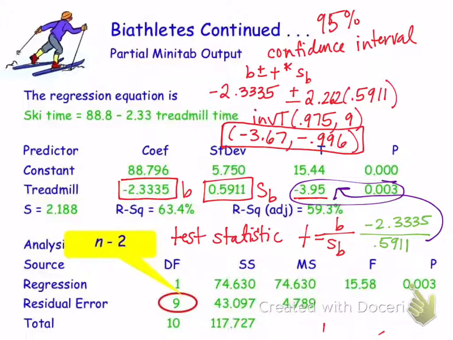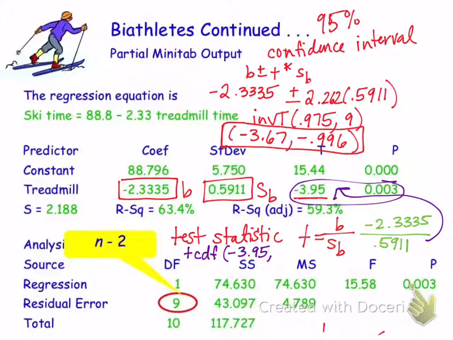So let's say that I got my test statistic now and they didn't give me these two numbers. How would I go from getting T equals negative 3.95 to getting a p-value? Not inverse T, TCDF. So I would do TCDF of negative 3.95 to infinity.